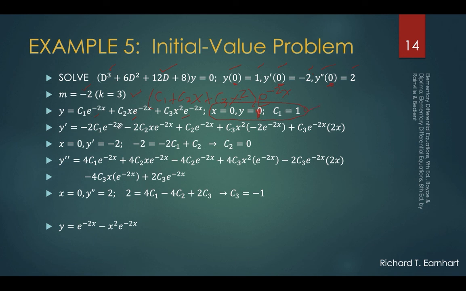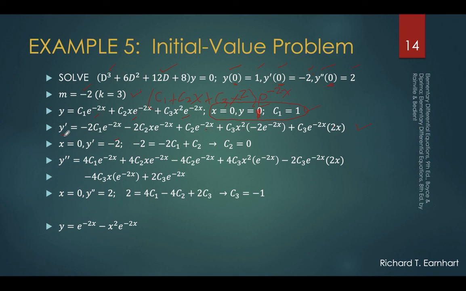And then get the first derivative. This is negative 2 c1 e to the negative 2x. This is product rule. This is also product rule. And then apply the second condition that when x is equal to 0, the first derivative is negative 2.